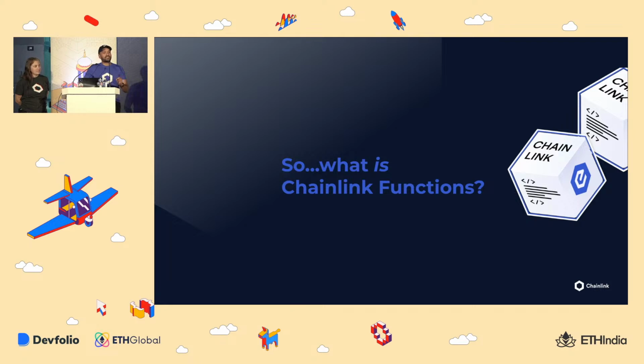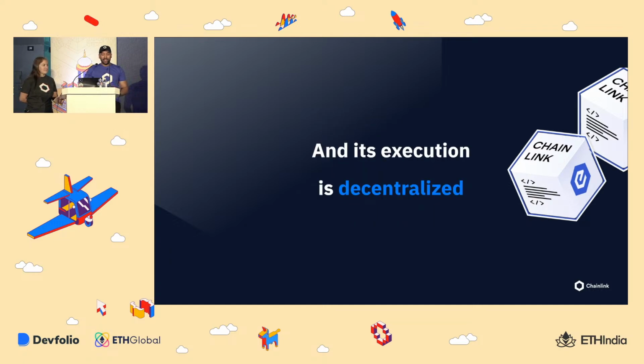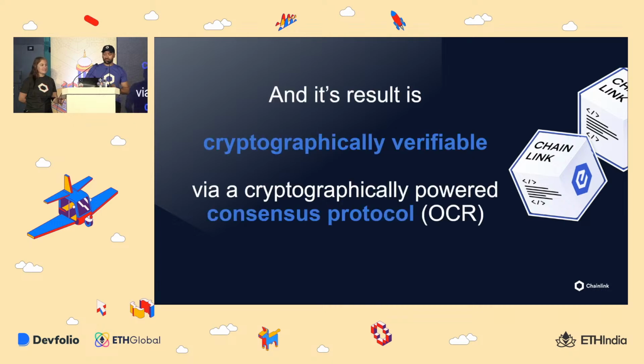Now, this brings us to Chainlink Functions. Going back to the AWS Lambda and Google Cloud Functions metaphor in your head, if you like, we at Chainlink started to say, well, what if we could run absolutely any arbitrary code that you wrote? And the execution of that code that you've supplied, let's say in JavaScript, is decentralized. So you get decentralization of the execution of that JavaScript code.